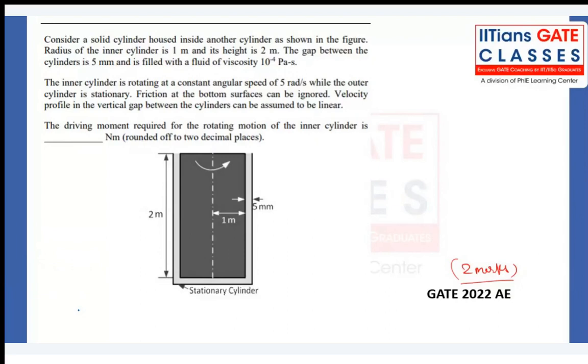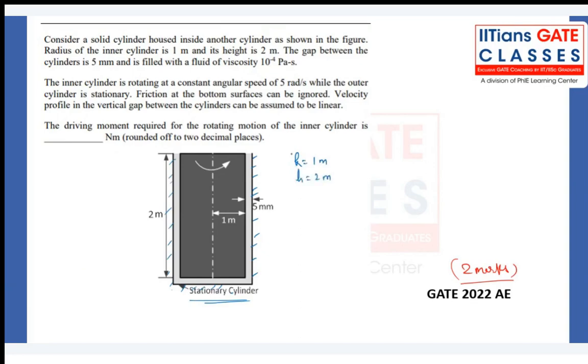Consider a solid cylinder housed inside another fixed cylinder, right? This outer cylinder we might be thinking of as a fixed one, for example. As they mention also, it is a stationary cylinder. The radius of the inner cylinder they have given as 1 meter, and the height as 2 meter.